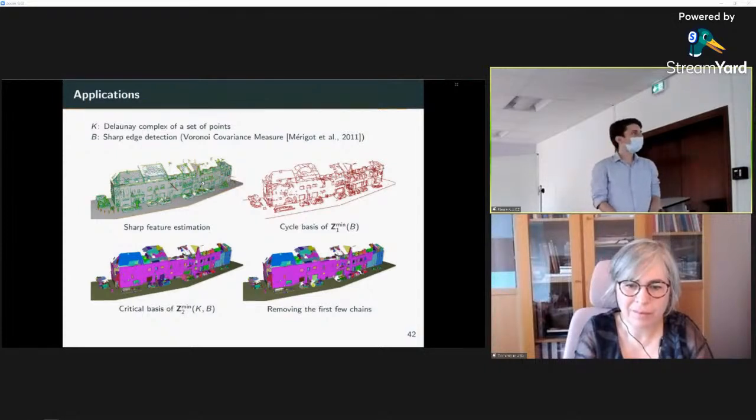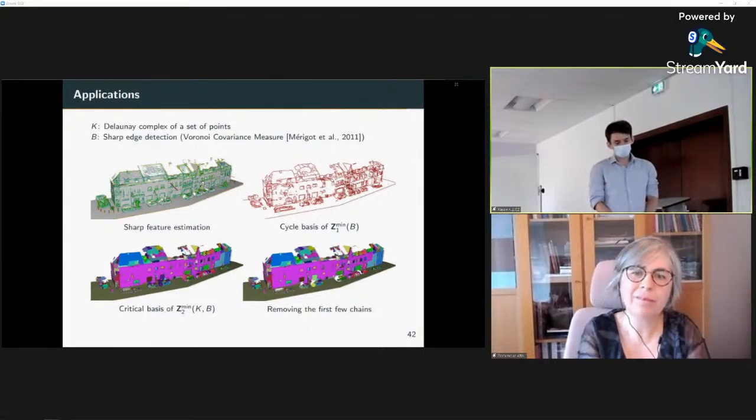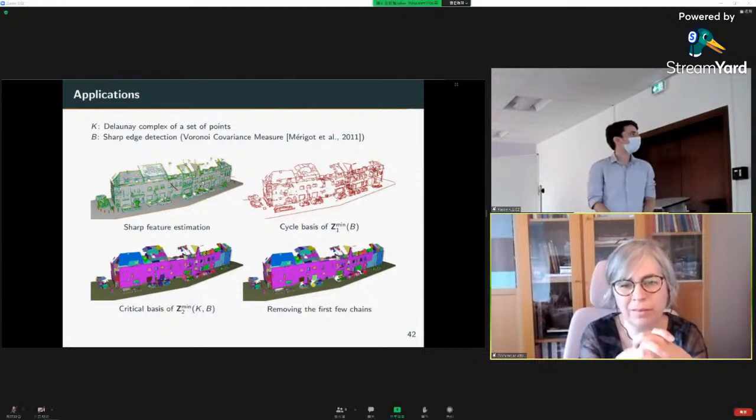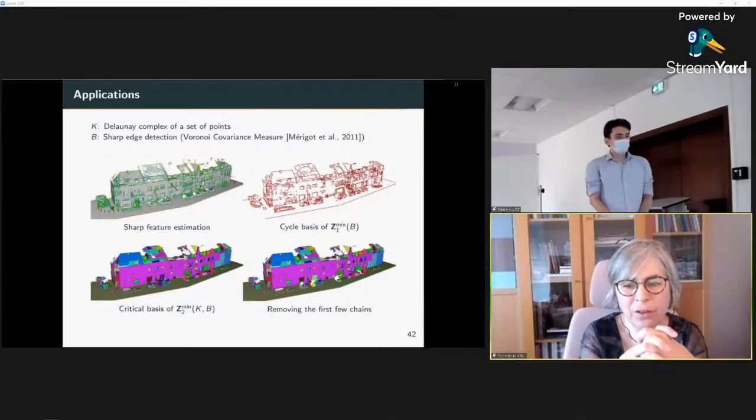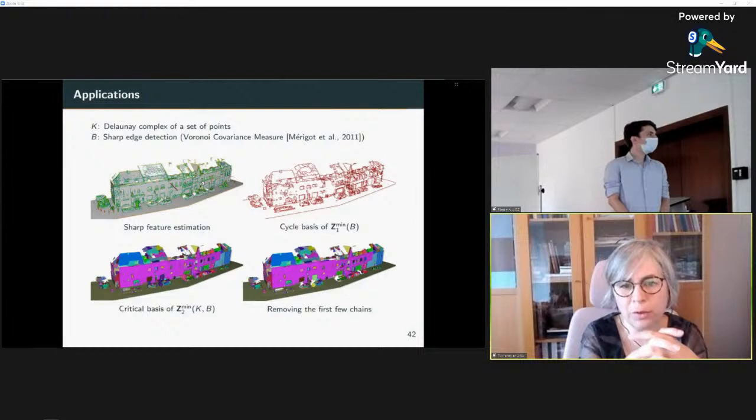It's not very precise to say boundary in a set of points, but we would like to have the kind of visual boundary of the set of points. What we use instead is a sharp edge detection. So the subdivision we have has a lot more cycles than what we particularly want. Therefore this creates a gap between the reconstruction that we would want and what we can actually get from cycle bases. So there is still work to do to simplify this basis.